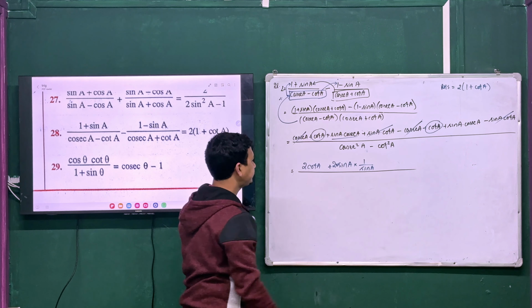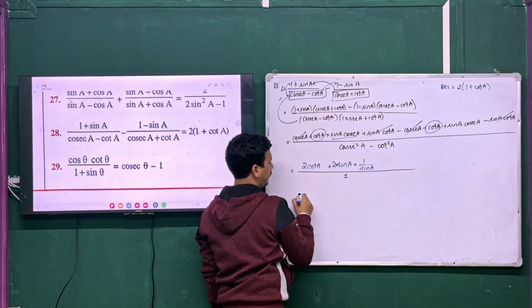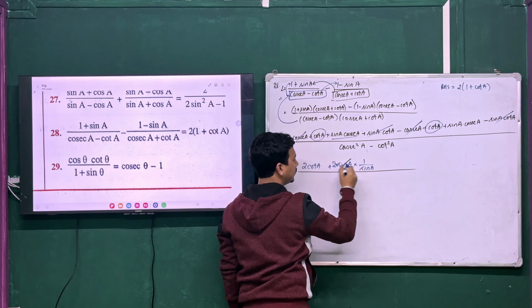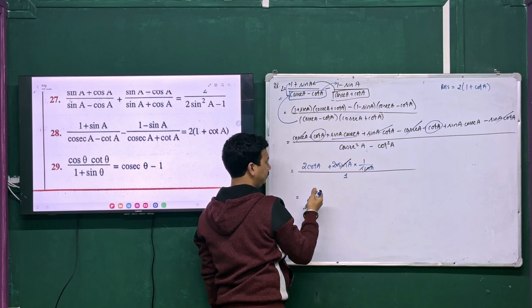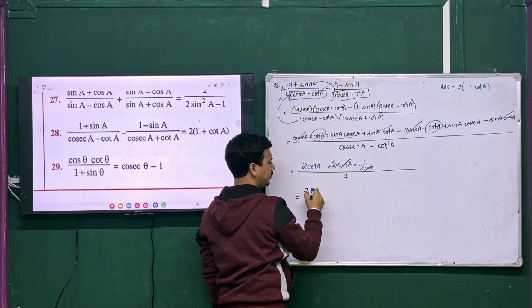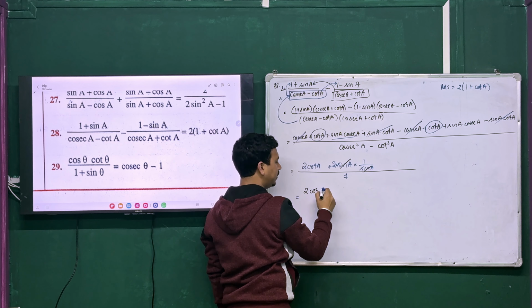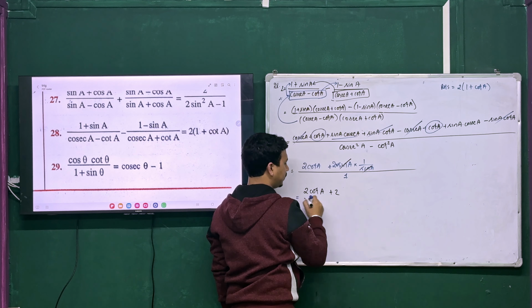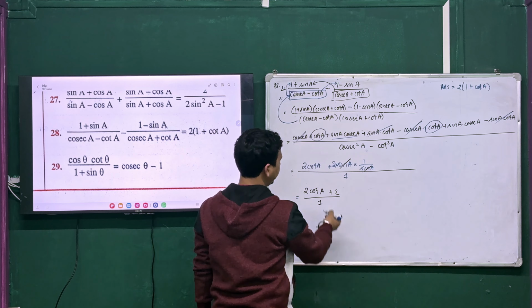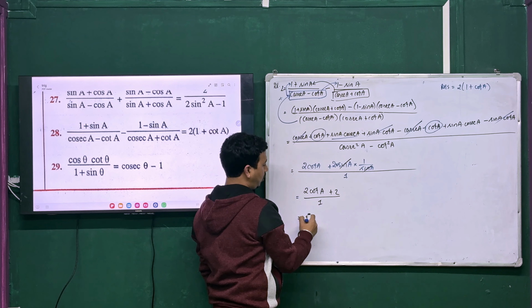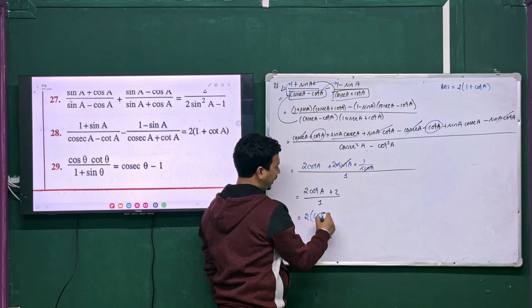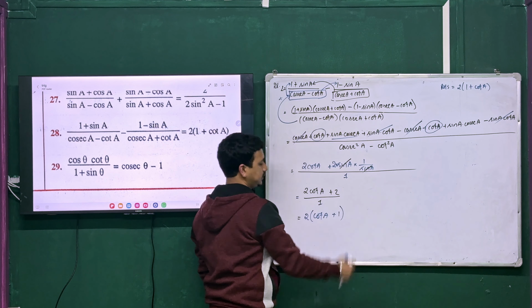Check your formula. So then it'll be 1, then 2 plus cot A. So we can take 2 common and we get cot A plus 1.